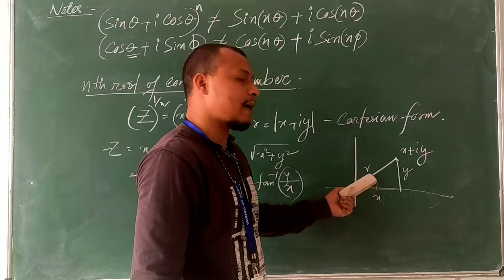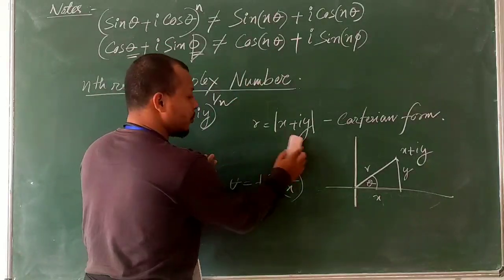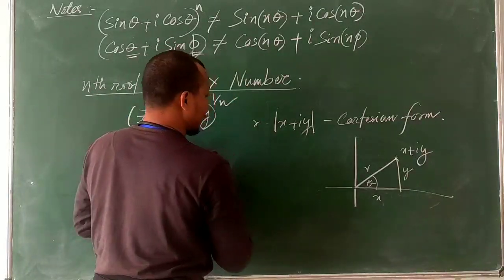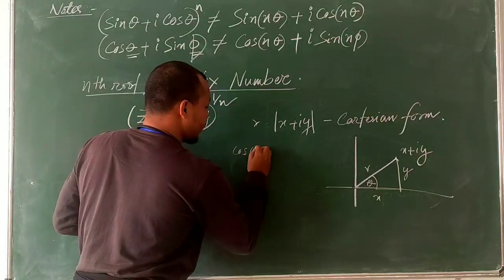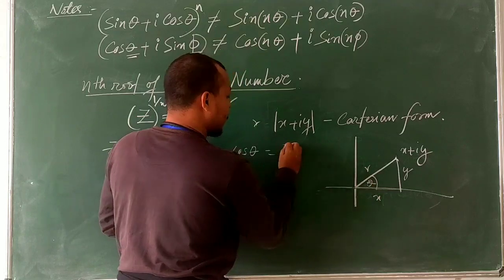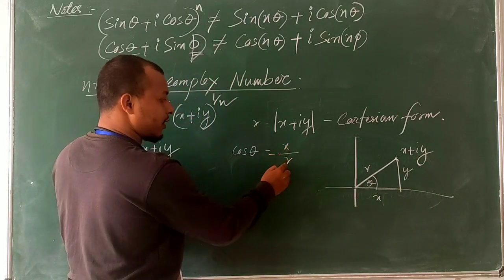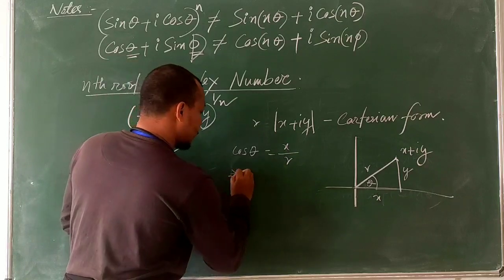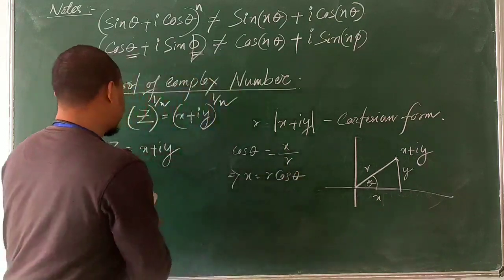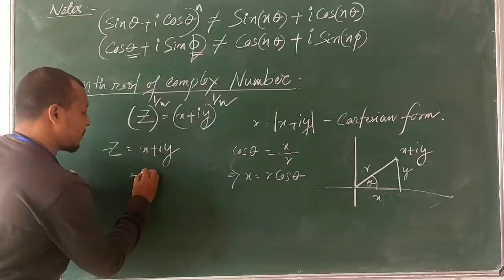It is nothing but x by r. So x is equal to r cos theta, so instead of x we can write r cos theta.